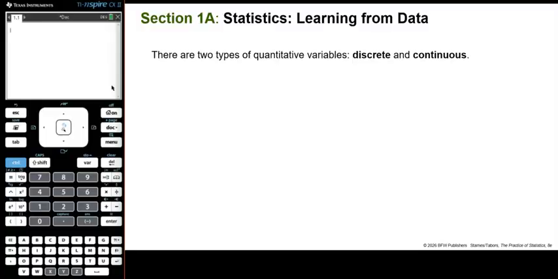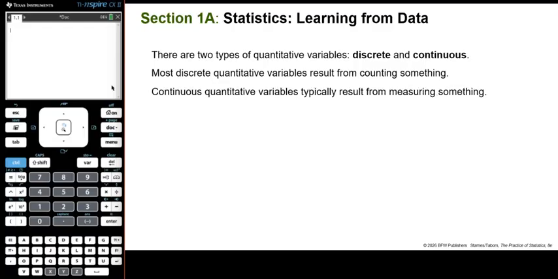There are two types of quantitative: discrete and continuous. So think of discrete. If you've taken calculus, you might understand the word discrete. You're kind of jumping from 1 to 2 to 3 to 4. It's like counting. Whereas continuous, you might be measuring something. Height, weight, anything you measure can be continuous. You might say like I'm 175 pounds.